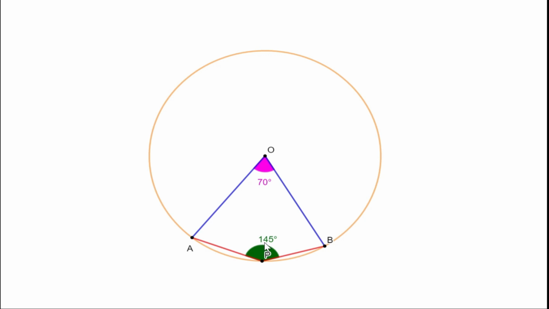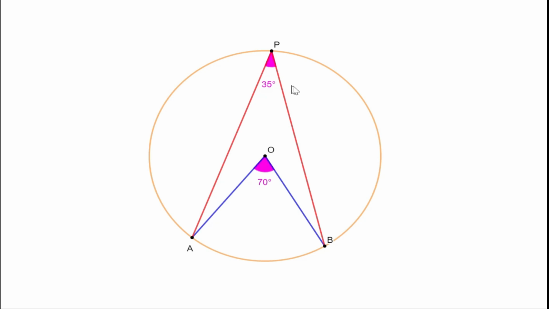That means the angle made by an arc on its alternate arc is always half its central angle. So this angle is half the central angle of large arc AB and this angle is half the central angle of small arc AB.